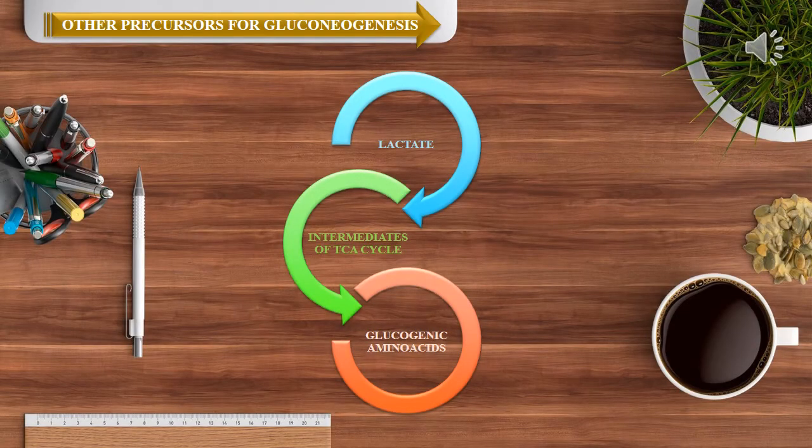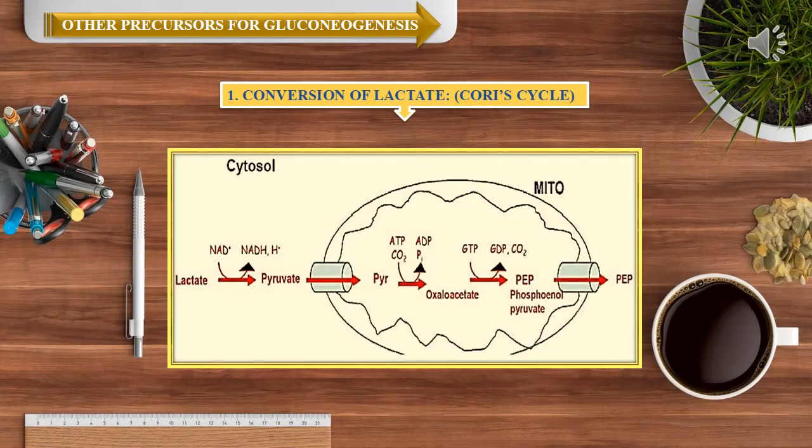Let's see the other precursors for gluconeogenesis: lactate, intermediates of TCA cycle, and some glucogenic amino acids. Apart from pyruvate, these are precursors for glucose synthesis through gluconeogenesis. The first is conversion of lactate.